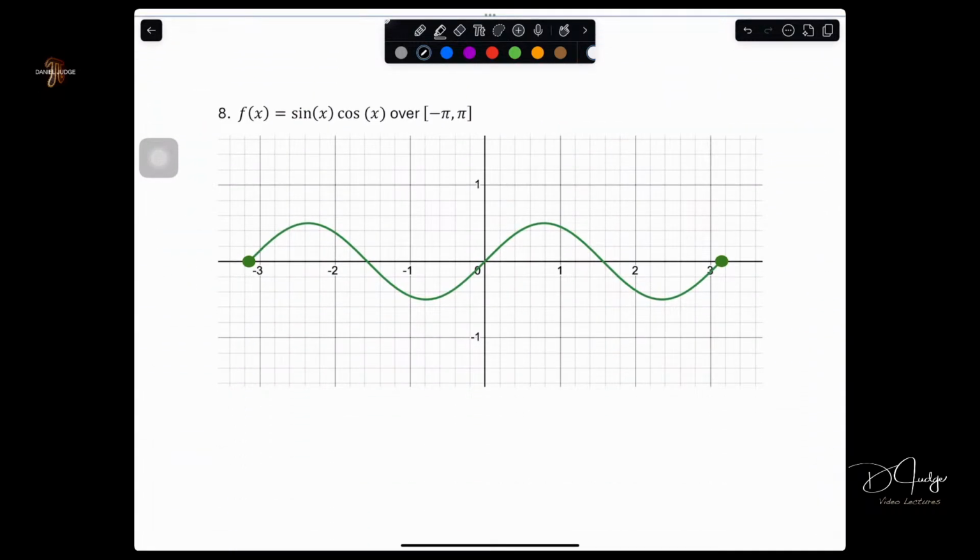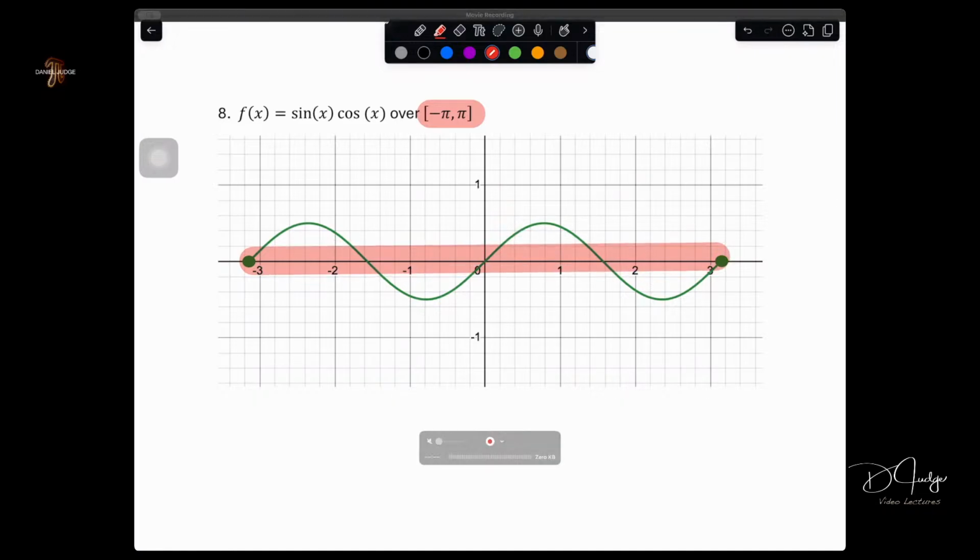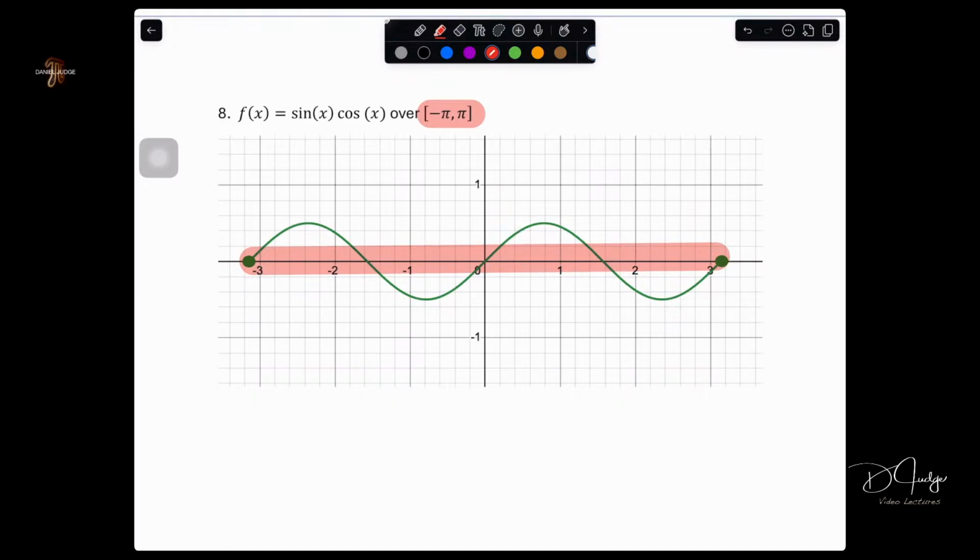Another trig function, but this time the interval is going to be from negative pi to pi. So this is the interval that they're looking at here. All right, just going to check a few things here. So we're going to need the derivative here.